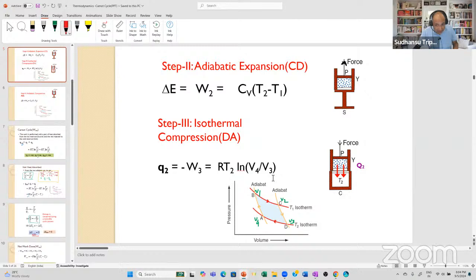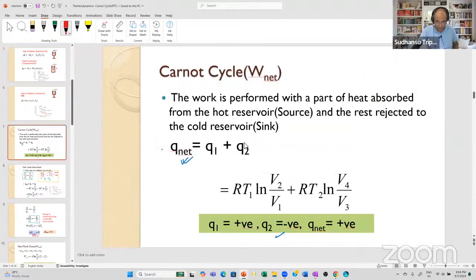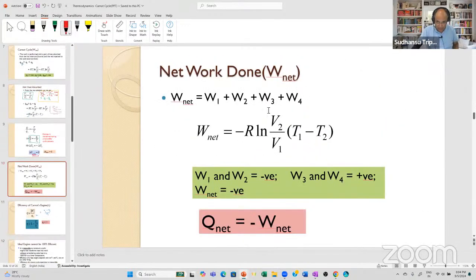Since you have to interchange this, the minus will become plus. So it will be plus RT2 ln V2 by V1, because V3 by V4 is equal to V2 by V1, as we have already derived from the adiabats. Therefore I have written here plus RT2 ln V2 by V1. And since I have taken a minus sign as common, this has to be minus.